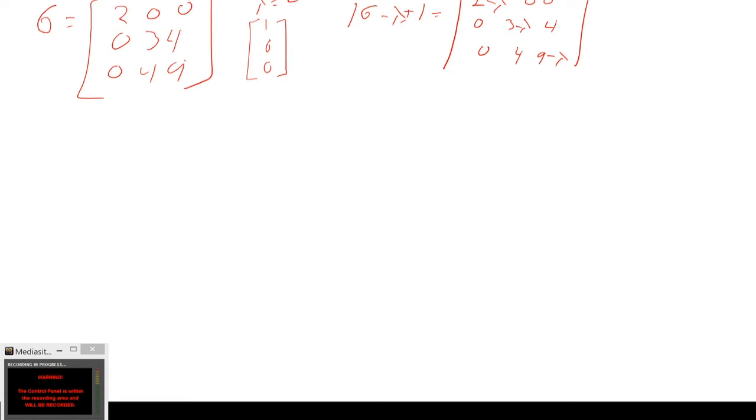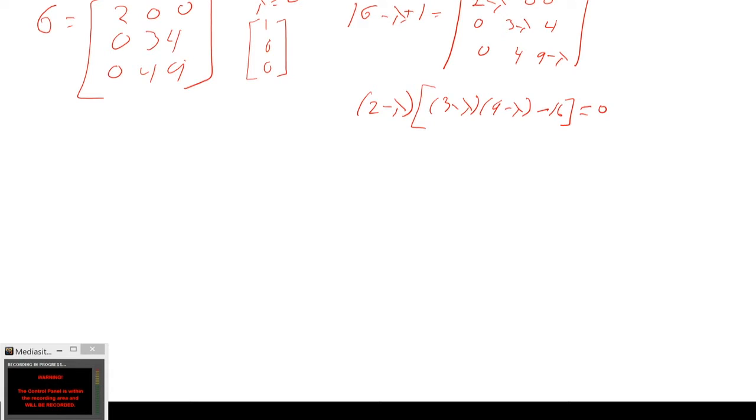The determinant of this is going to be 2 minus lambda times (3 minus lambda)(9 minus lambda) minus 16. That equals 0.